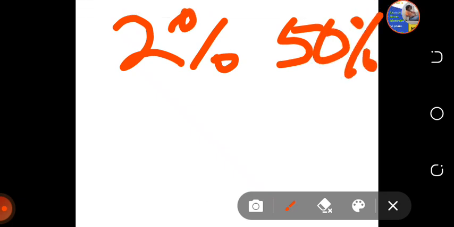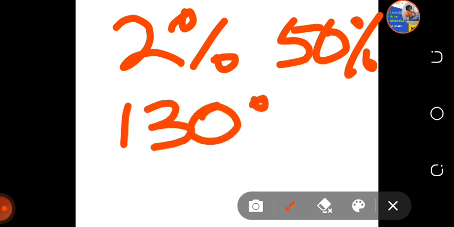This sign is a sign of percentage. So what you are seeing here now is 2%. We have something like this, 50%. We have something like this, 130%. So when we say number in percentage, this is exactly what we mean.